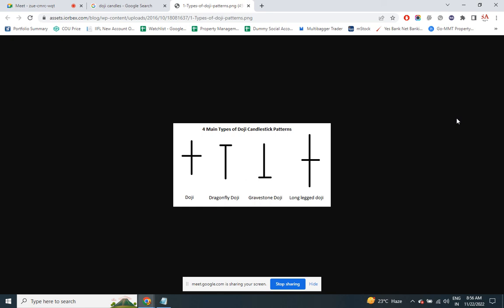Alright, now doji patterns signify indecisiveness. Write down.